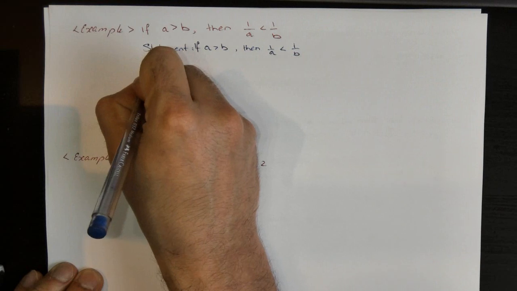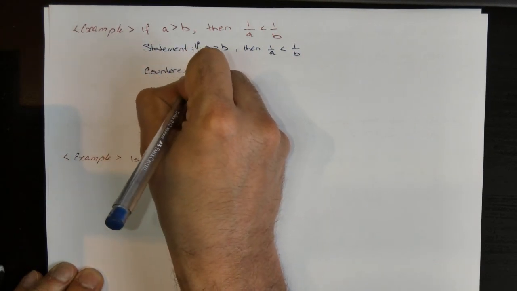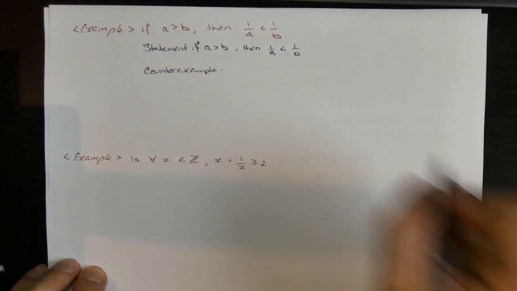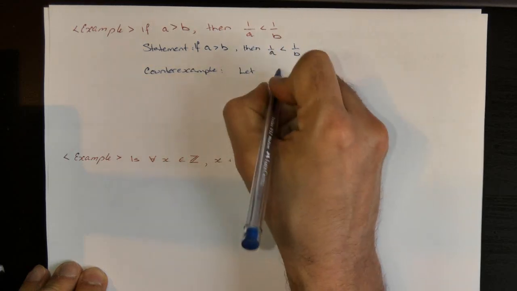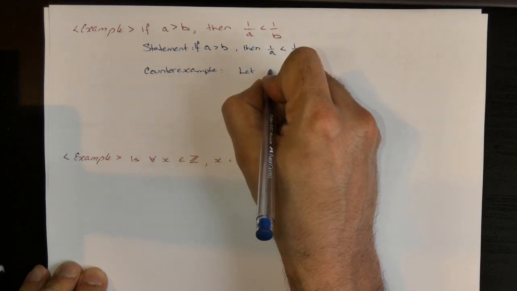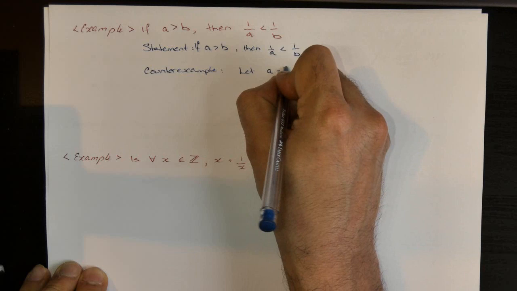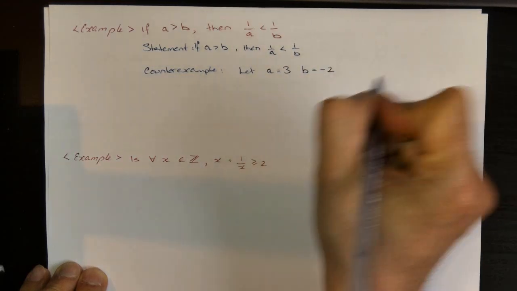Well, a counterexample would be, let a equal 3 and b equal -2.